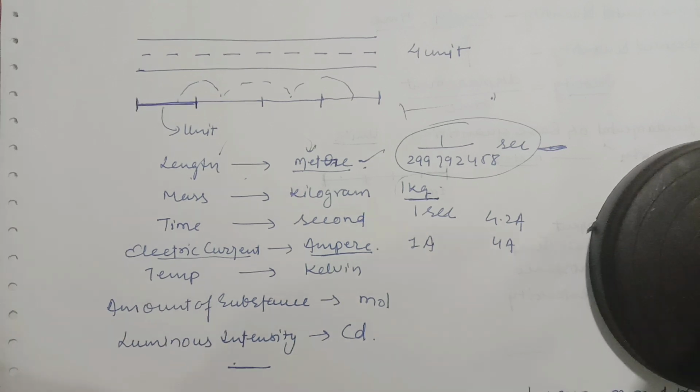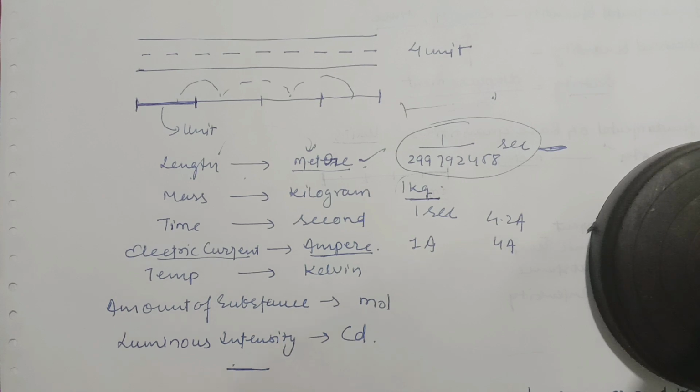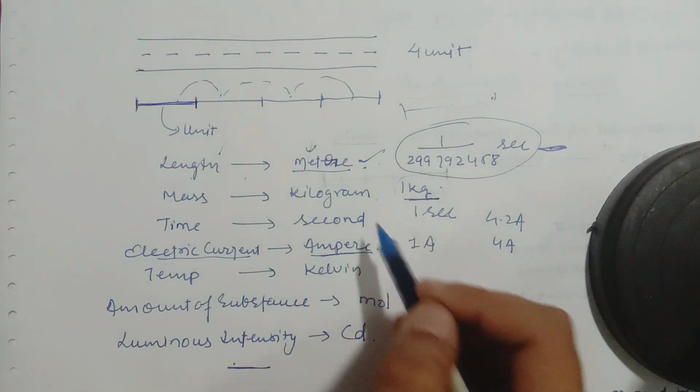We cannot let everyone have their own kilogram, so we have defined a particular weight which is known as a kilogram. You cannot say that my 1 kilogram is different and yours is different. Everywhere the value of 1 kg must be the same. So to keep the uniformity, we have defined some particular values for each of them.